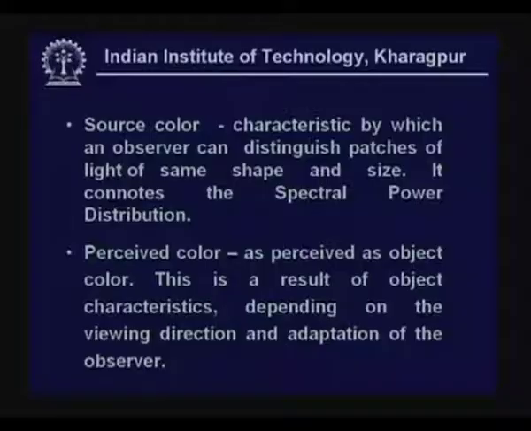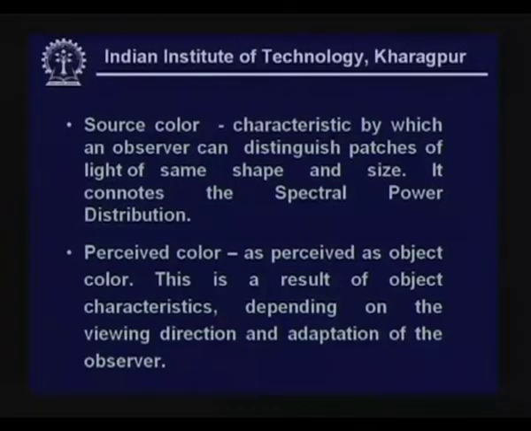It is the human eye. How does the perceived object color arise? It arises, as already told, based on the characteristics of the object: the characteristics of absorption of radiation, the characteristics of reflection of radiation, plus the viewing direction and adaptation of the observer.